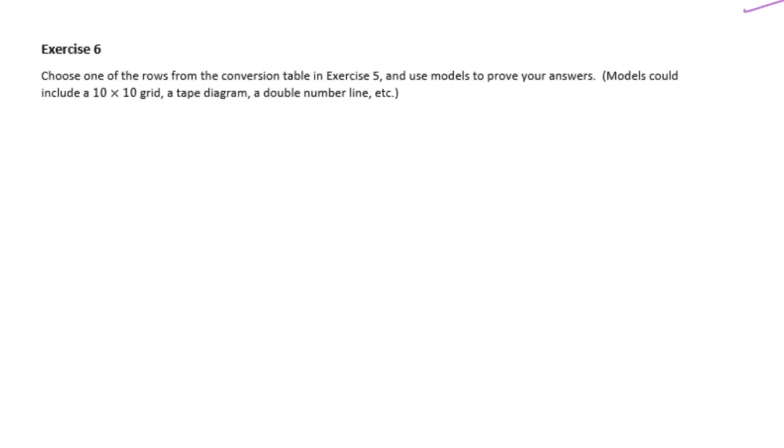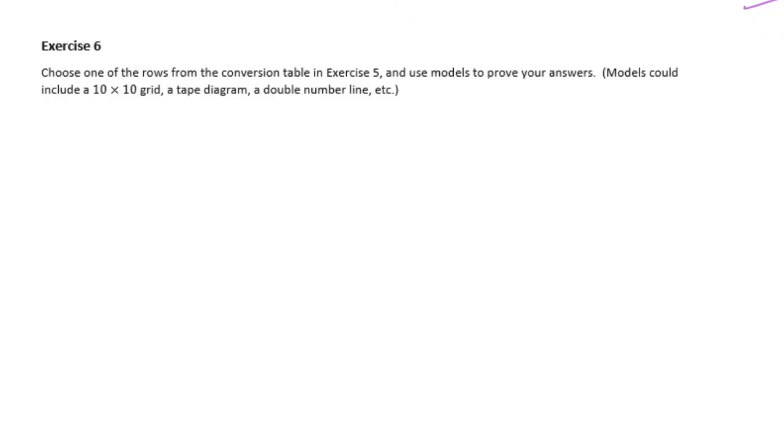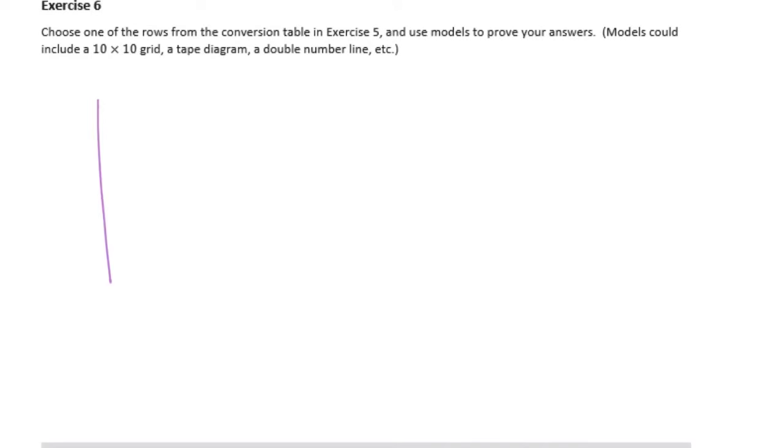Exercise 6. Choose one of the rows from the conversion table in exercise 5 and use models to prove your answers. Models could include a 10 by 10 grid, a tape diagram, a double number line, etc. I am going to draw a 10 by 10 grid.